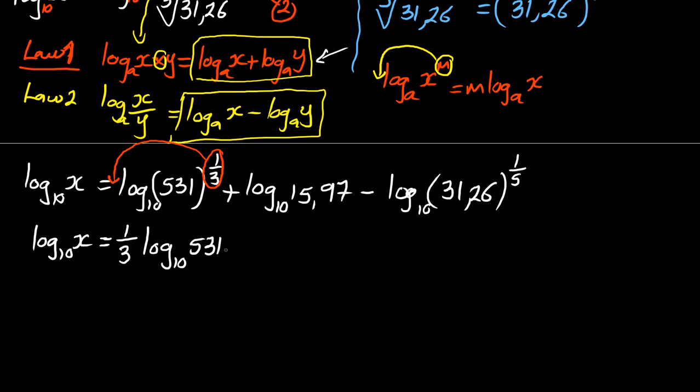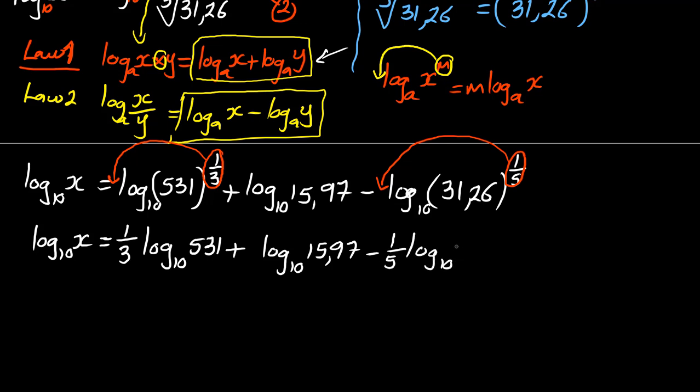I hope you understood that, plus log base 10 of 15.97 minus, using the same technique again, or the same law, that 1/5 will drop there, such that it will become minus 1/5 log base 10 of 31.26. Again, we continue, our left hand side does not change.